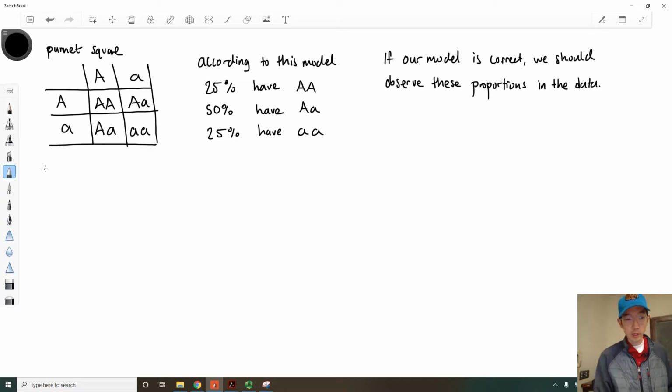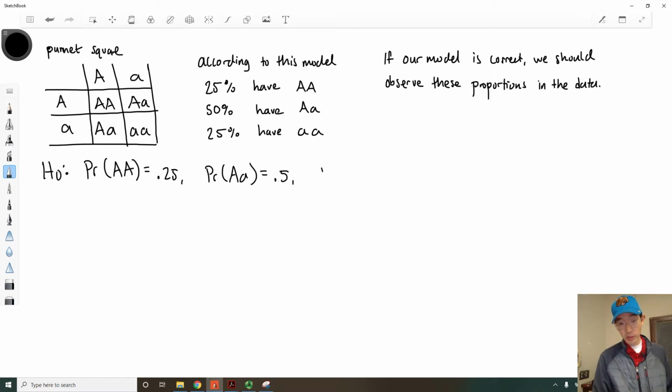Okay, so my null hypothesis is just a list of these proportions. The null hypothesis states that the probability of observing big A is 0.25. The probability of seeing big A little a is 0.5. The probability of seeing little a is 0.25.